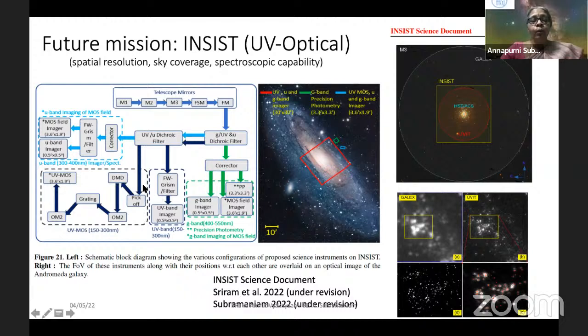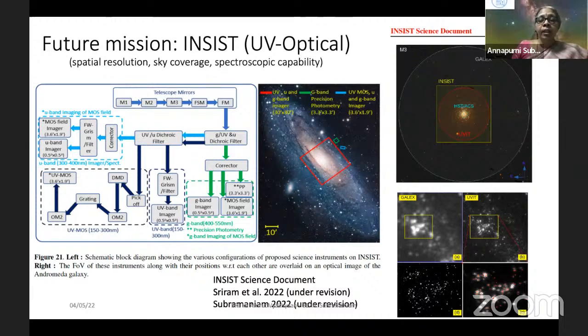That is available in the UV and U, but not in the G, because the G band has to feed back into the FSM. So slitless mode only in UV and U. And you can see the G band small precision photometry. This is in case there is a requirement for looking at an exoplanet science case, then a specific case can be provided here.